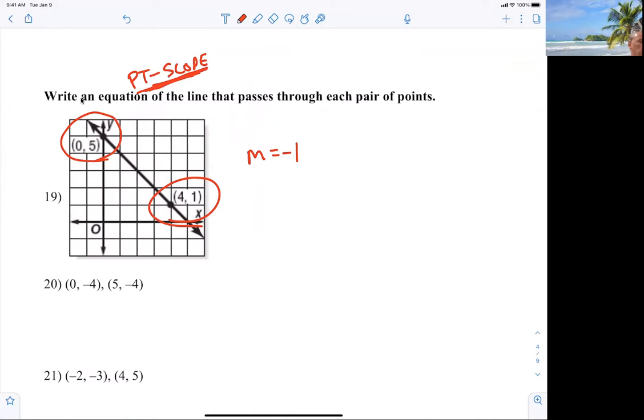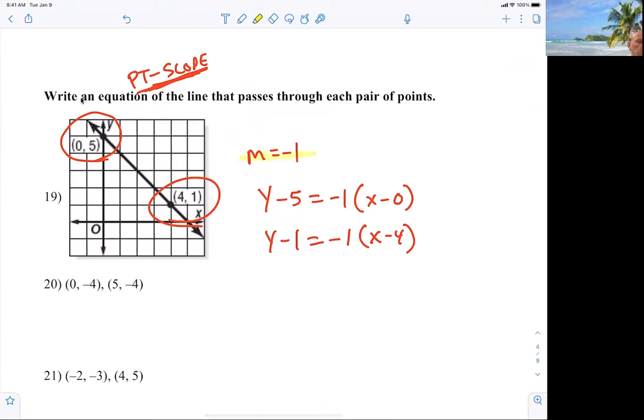If you're going to write it in point slope form, you could write y minus 5 equals -1 times x minus 0. Or you could write y minus 1 equals -1 times x minus 4. Those are your two options. Anybody have any objections with that? Anybody have any trouble with the slope being -1?